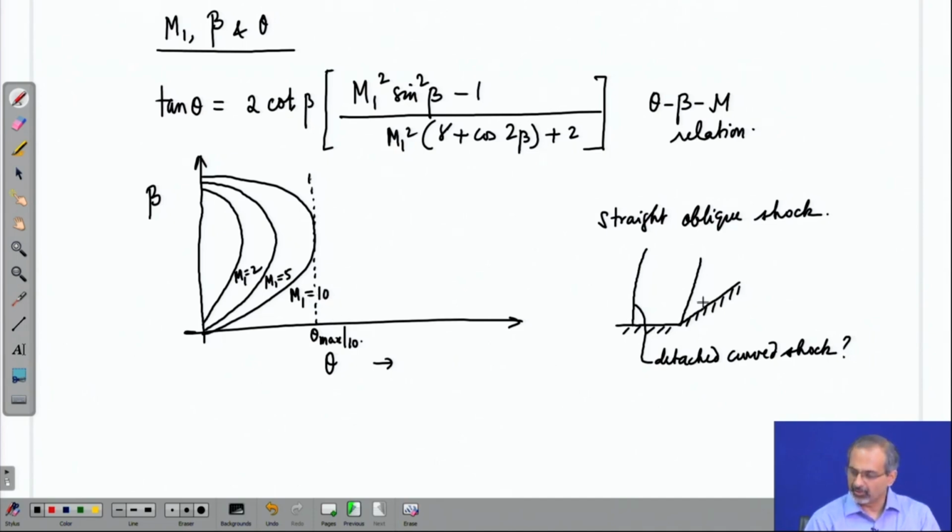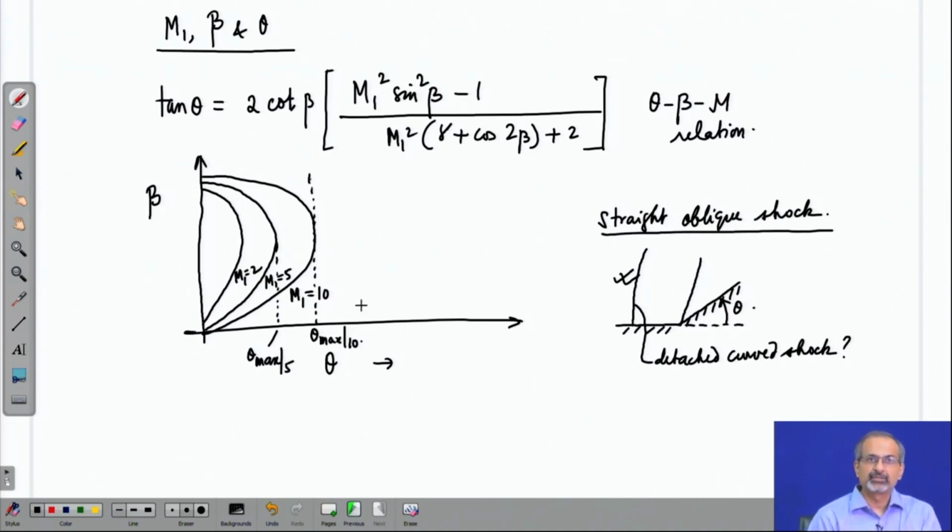Let us say you are talking about a theta which goes beyond the theta max value corresponding to a particular Mach number, then this is what is going to happen. So, for each Mach number you have a corresponding maximum theta for which you can have a straight oblique shock solution.